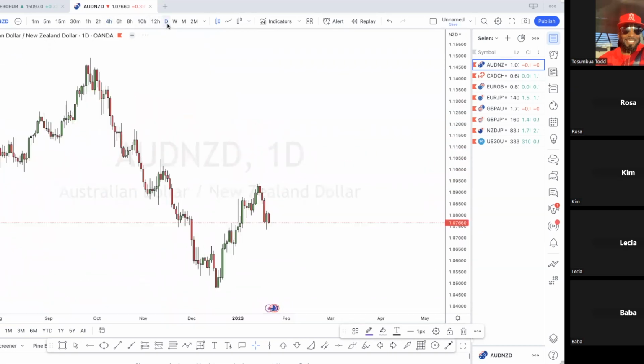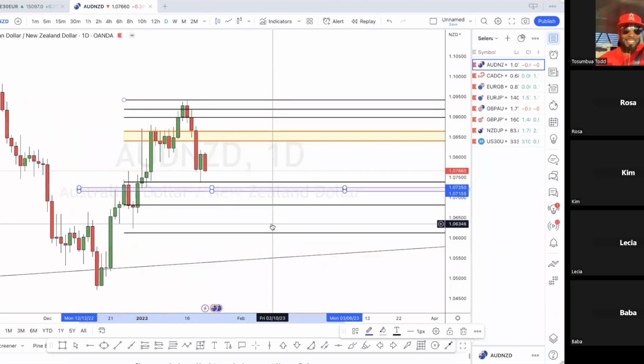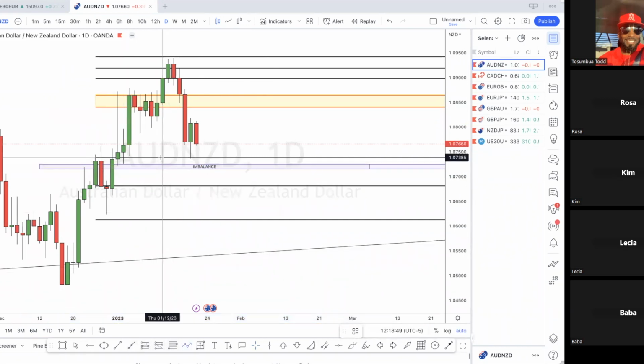So on the daily, Ty, you consider this a bearish order block? That's definitely a bearish order block. So price broke this low, right?